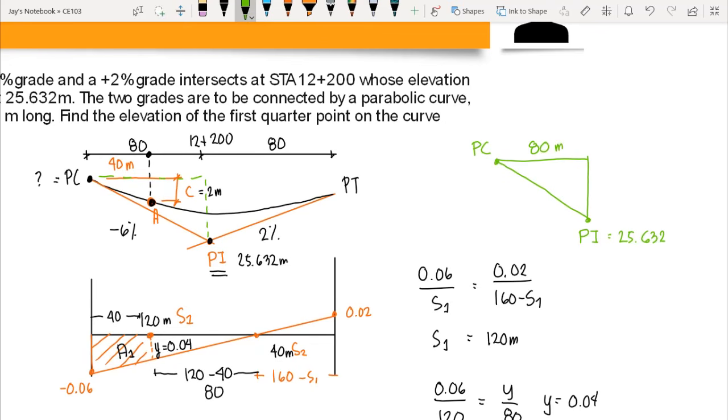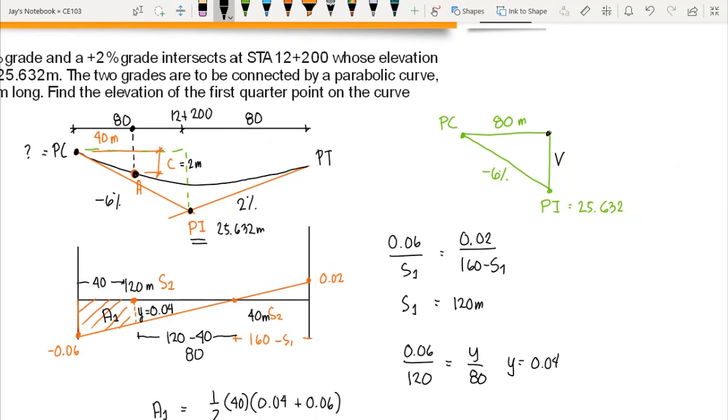And we have the grade, which is negative 6%. So we can compute V here. V is the total vertical distance from PC to PI. We can compute V by multiplying 80 and the grade, 0.06. So this would give us V equal to 4.8 meters.